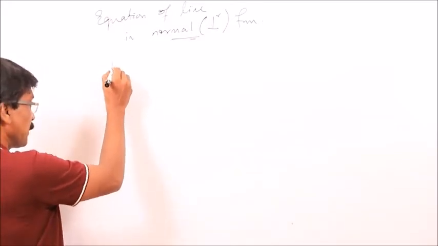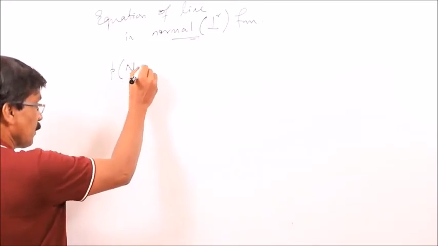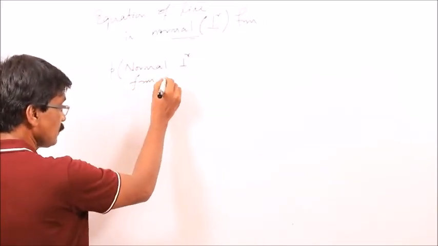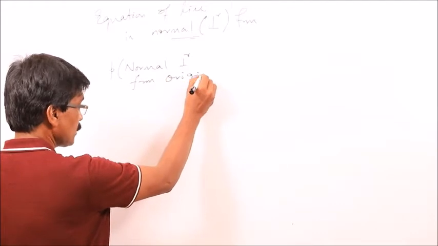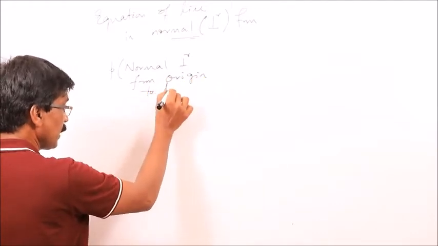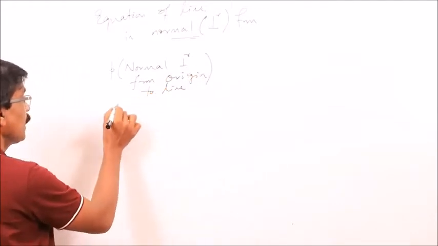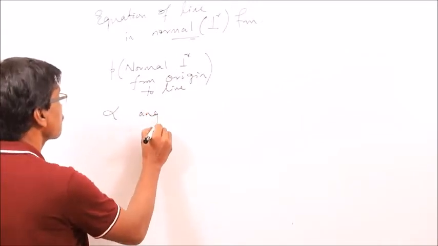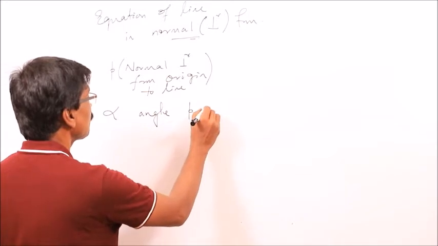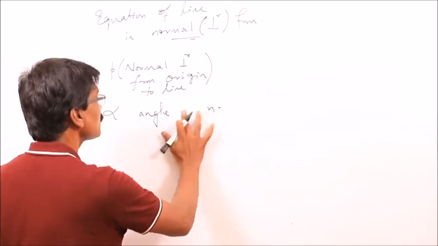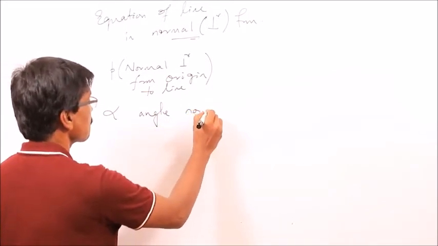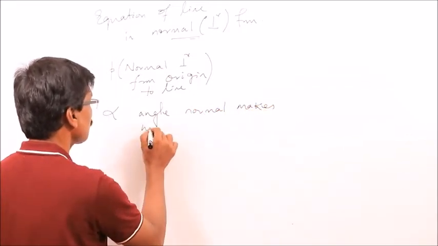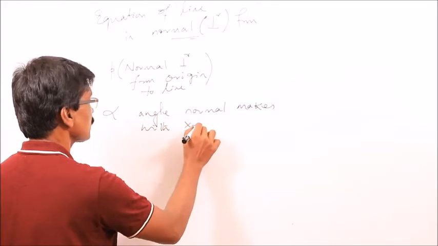Suppose p is the normal or perpendicular from the origin to the line, and alpha is the angle the normal makes with the x axis.